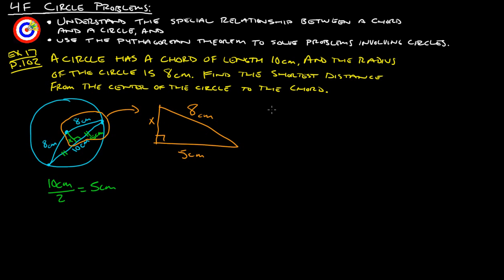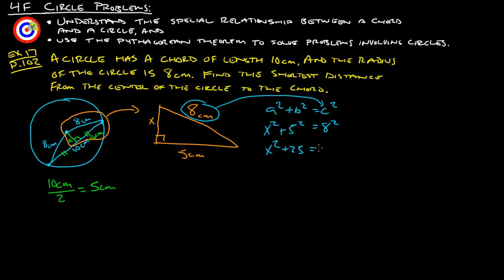So Pythagorean theorem it is. Let's do a squared plus b squared equals c squared. There's our hypotenuse, so remember, that's our c. So there's our 8 squared, and then the other two can just be our x squared and our 5 squared.